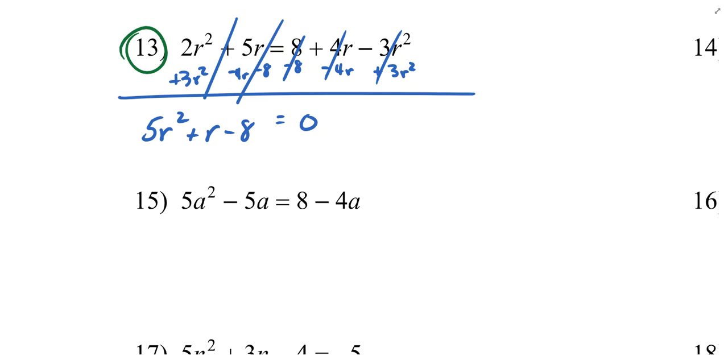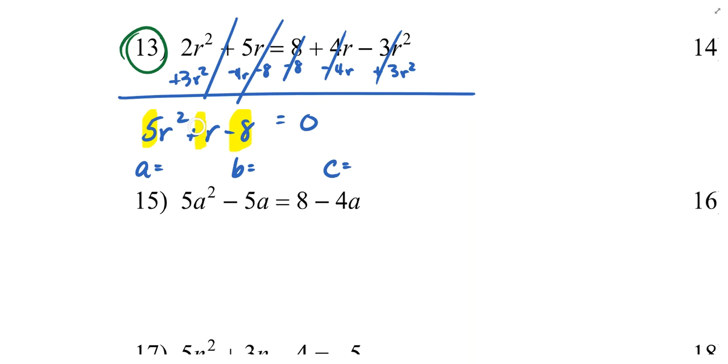We do need to correctly identify our a, b, and c values in order to obtain correct results from the quadratic formula. And remember, the a, b, and c values come from the coefficients in front of the letters, and then this last number that's all by itself.